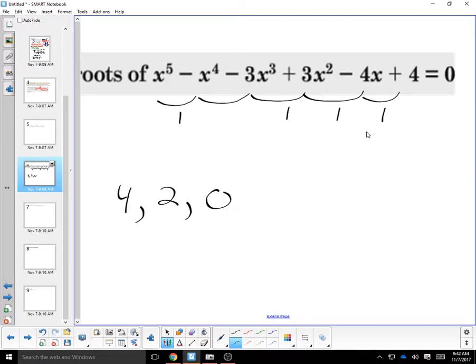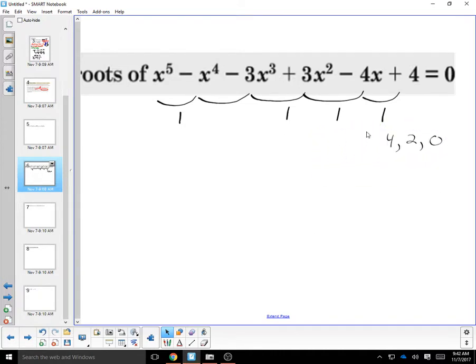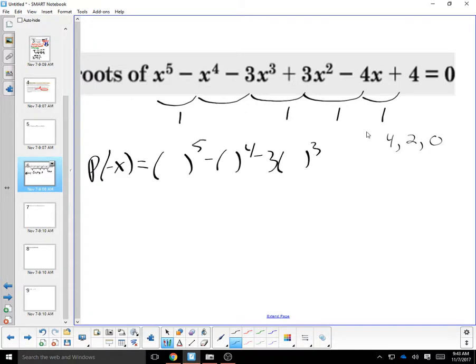That's why I need to run the negative check as well and get the complement to that to give me an idea. So let's check P of negative x. That would be negative x to the 5th, x to the 4th, minus 3x to the 3rd, plus 3x squared, negative 4x plus 4.